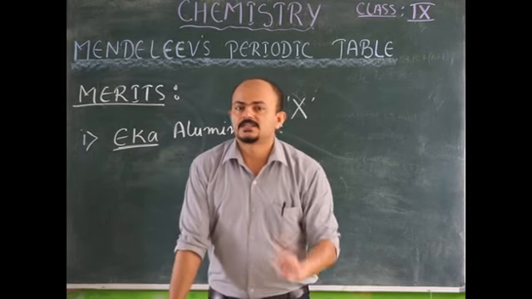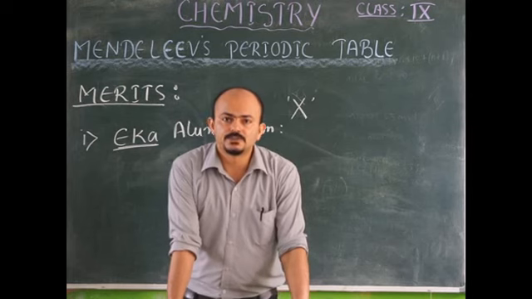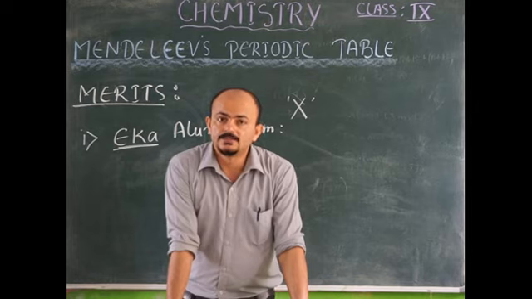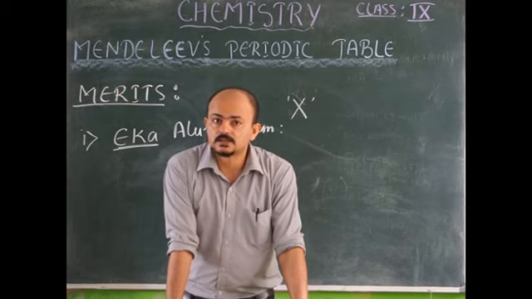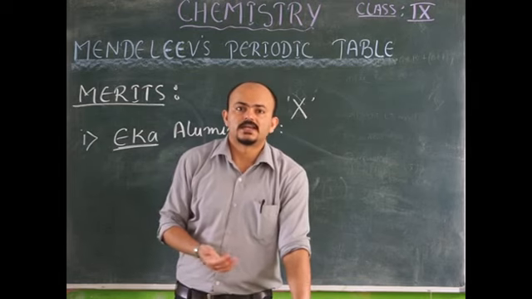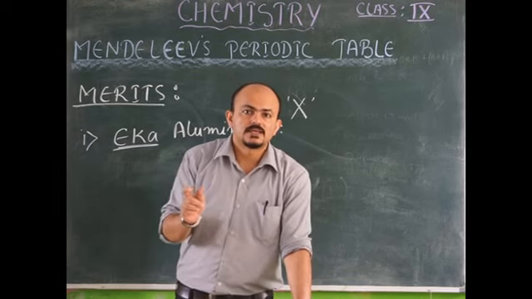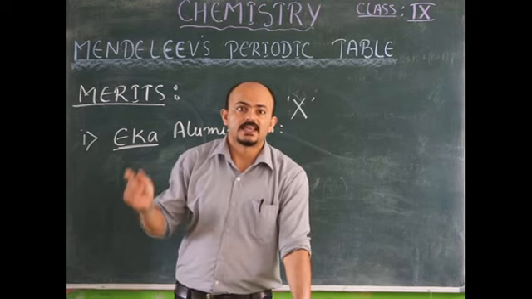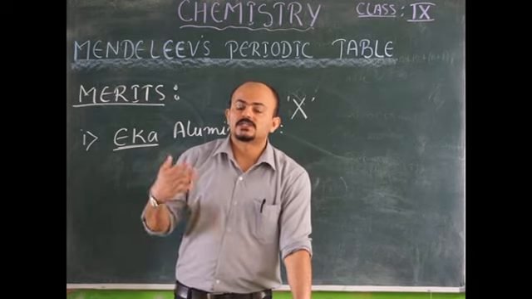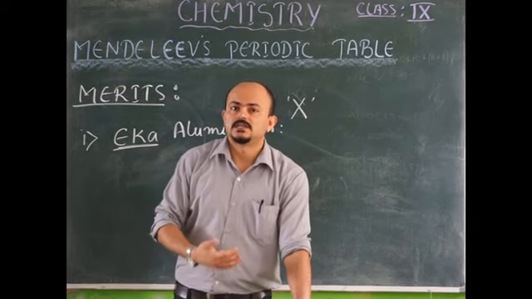The main defect of Mendeleev's periodic table is, please listen carefully, this point is very important. He classified elements based on atomic masses, which was later corrected, and instead of atomic masses, atomic number was taken. The same atomic number is the basis of the periodic table you have today in your book.